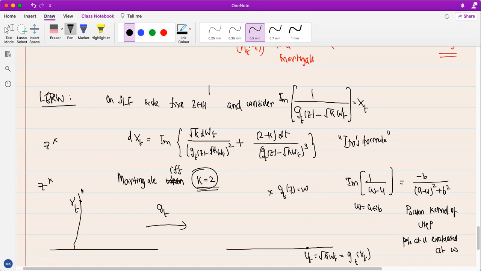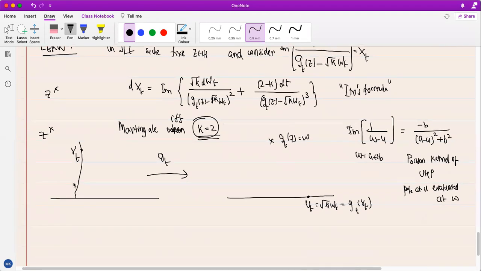And by conformal invariance, it is also the Poisson kernel at Z with a pole at gamma T. It's just a conformal map.